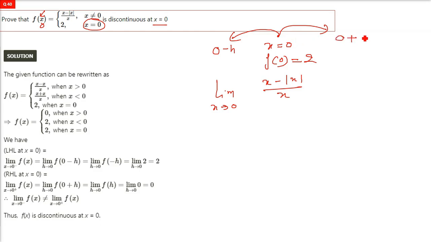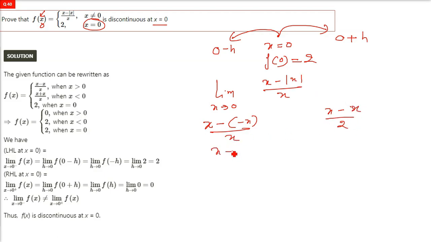So when we have a point which is just behind 0, it is 0 minus h. In front of 0, it is 0 plus h. So let us replace this mod x by 0 minus h in this case, because when we replace x which is lower than 0, it is negative x. Above 0, it is positive x.